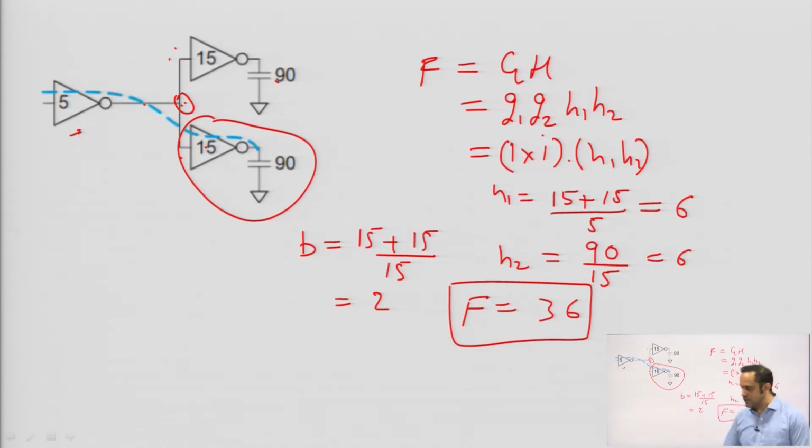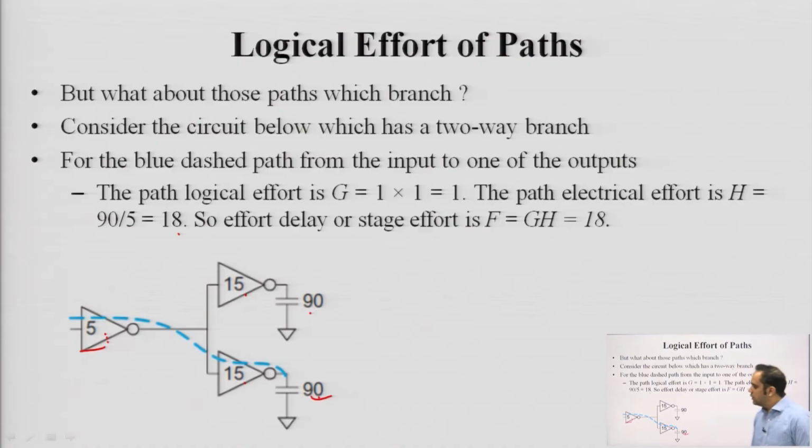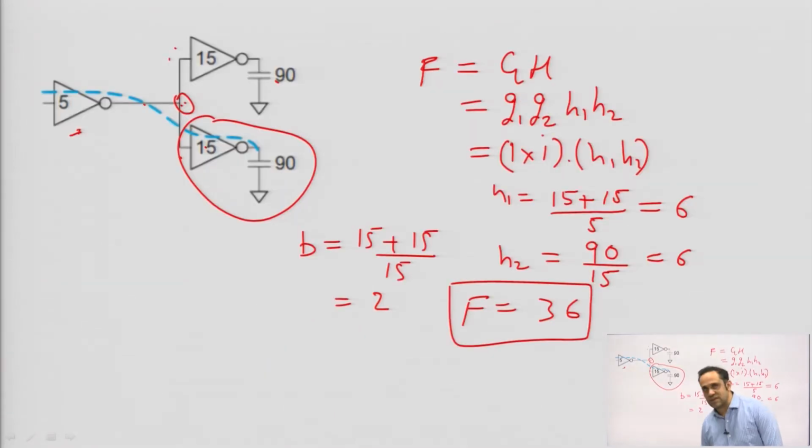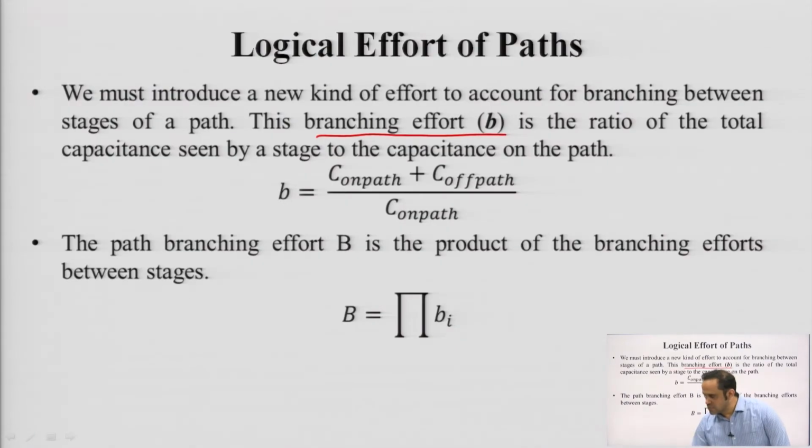If you multiply this factor to the stage effort here, you are going to get the total stage effort as 36, which is the value you got here. So, we introduce what is known as branching effort, mathematically described as the ratio of capacitance seen by a stage, total capacitance, divided by the capacitance of the path which was selected.